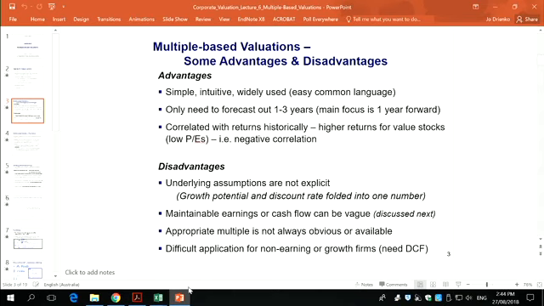But usually for companies that are going through change, young companies, companies losing money, the P/E ratio or any other ratio that I'll talk about today are not available. As I said, in that case, for these non-earning or growth companies, you really don't have a choice. You have to use discounted cash flow.